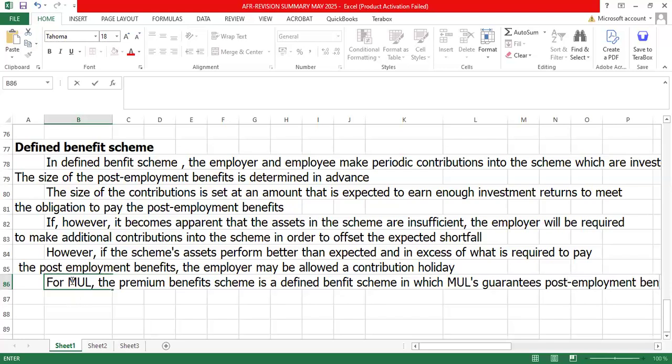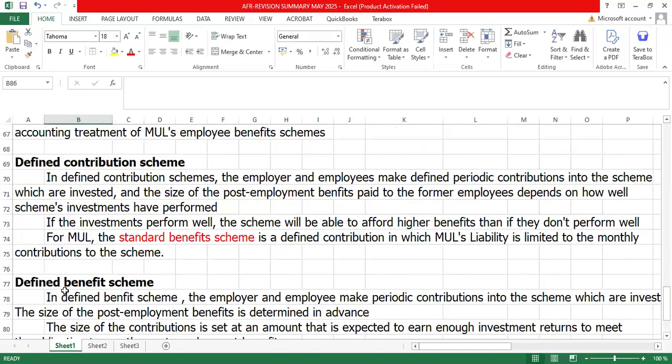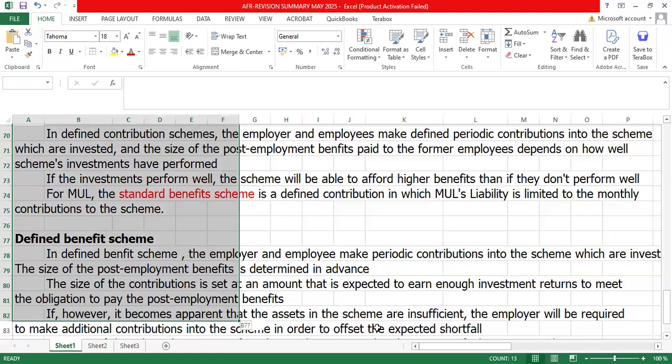With the defined contribution, you don't guarantee, but here you guarantee. Okay, and that's all. So from here, at least you can even know the difference.